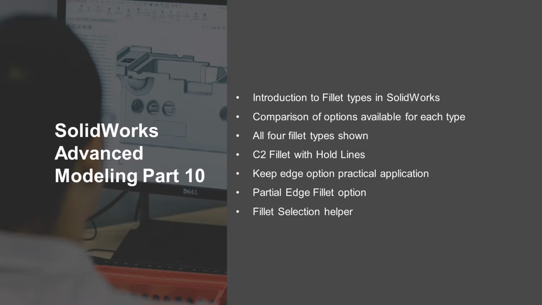We're going to introduce the fillet types very quickly and then talk about, up to 2020's SolidWorks version, what options are available for each of these types. Then we'll quickly do the 4 different types to walk you through the property manager.